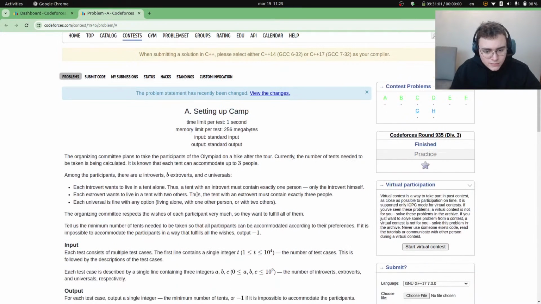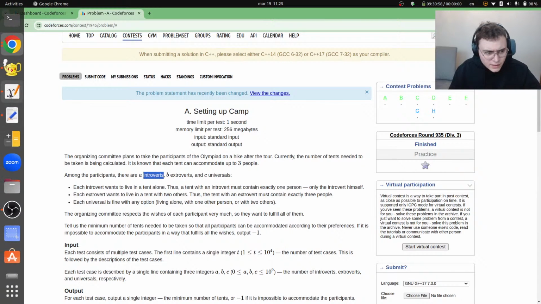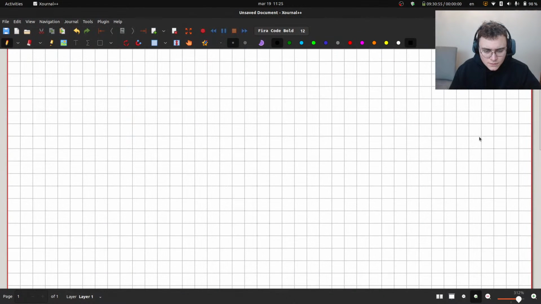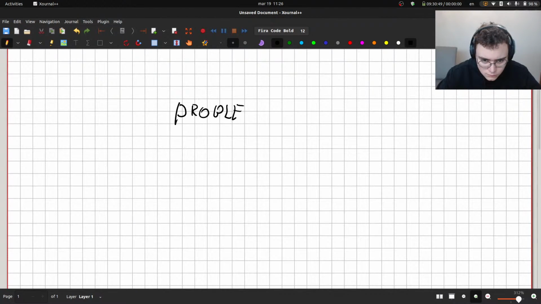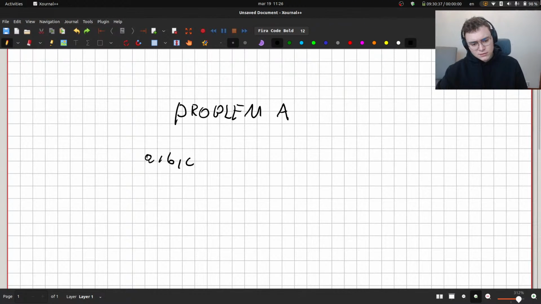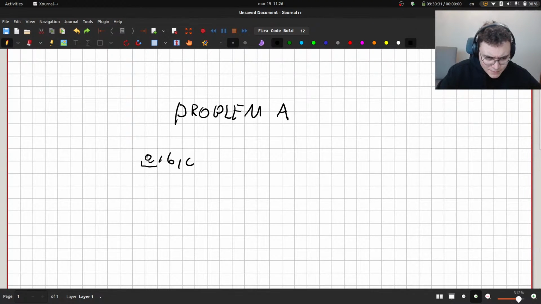Okay, so let's go to problem A. In problem A, we are given three numbers, A, B, and C, and we want to divide people into tents. We have A people of type 1, B people of type 2, and C people of type 3.